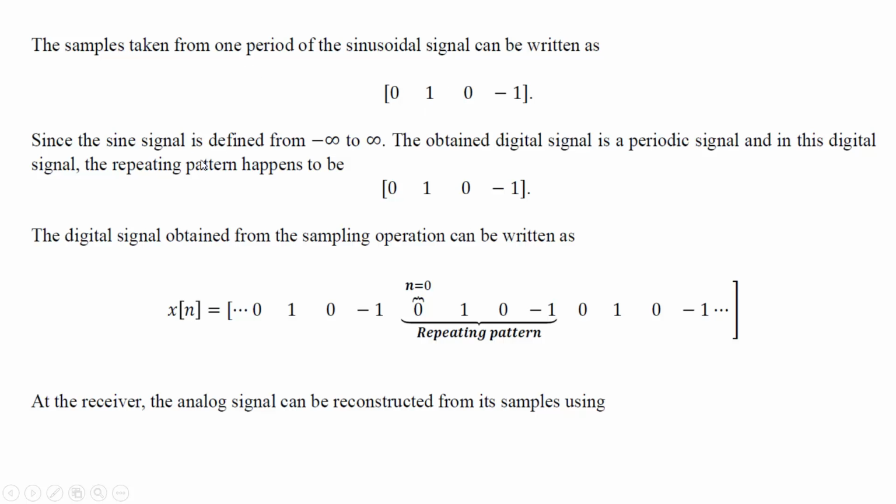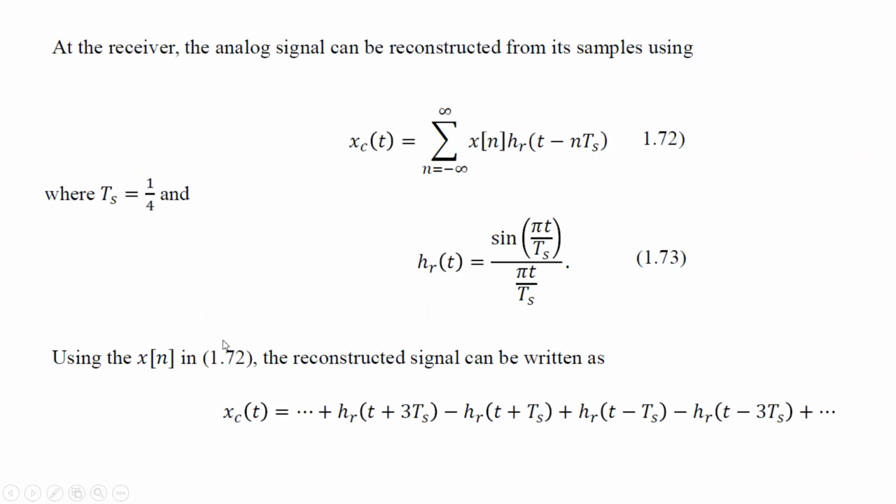But the sine signal extends from minus infinity to infinity, so this pattern will actually repeat. Therefore, we can say that the digital sequence is a repeating pattern: 0, 1, 0, minus 1, then again 0, 1, 0, minus 1, and 0, 1, 0, minus 1. That's how the digital sequence will be available at the receiver, and we need to reconstruct the signal.